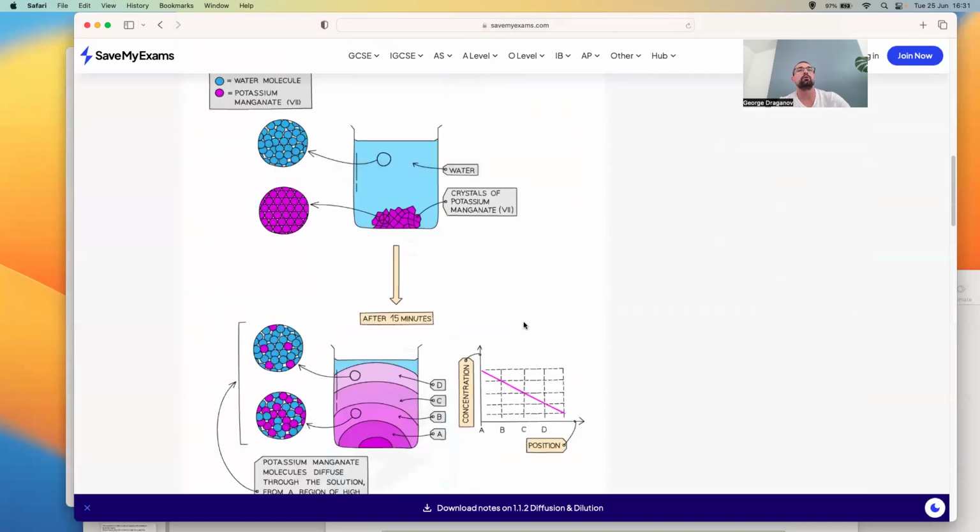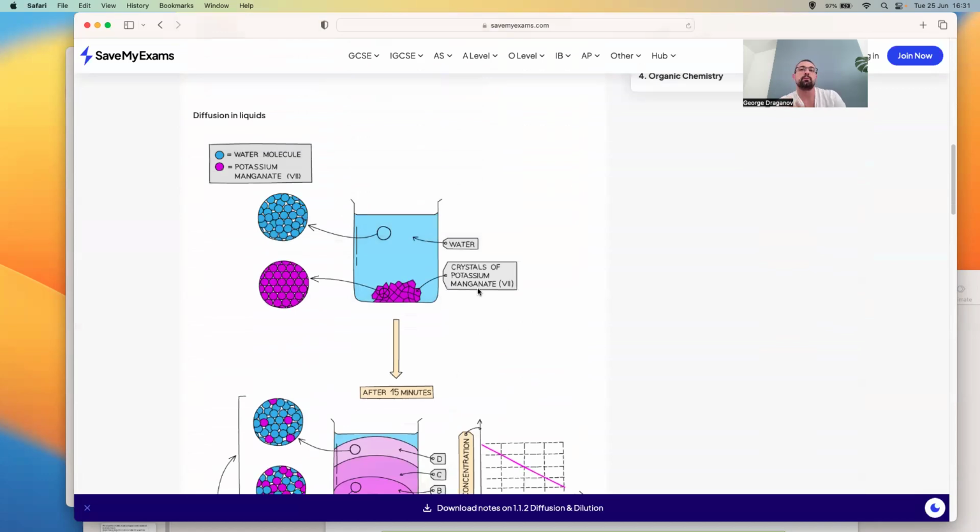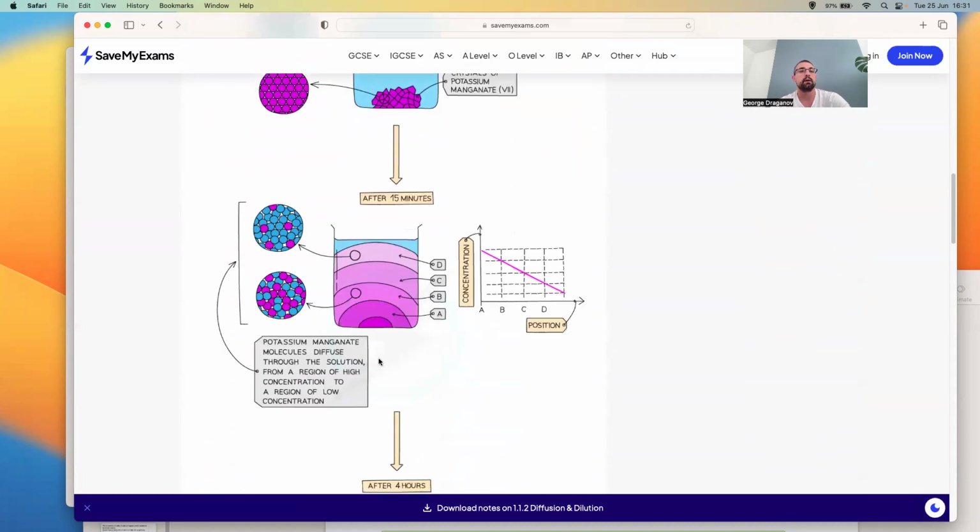Now you can also have diffusion in a liquid. So if you have some potassium manganate crystals in water, that has been a common exam question. What happens over time is that the potassium manganate diffuses from a high concentration to a lower concentration. So it'll gradually get less purple at the bottom and more purple towards the top.